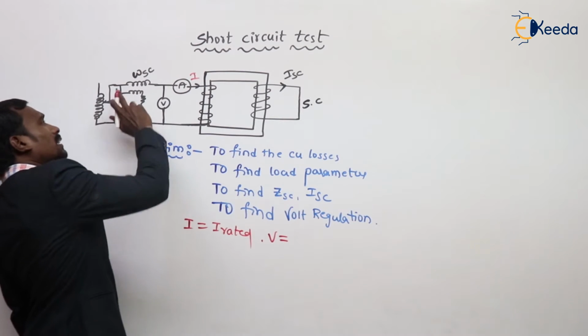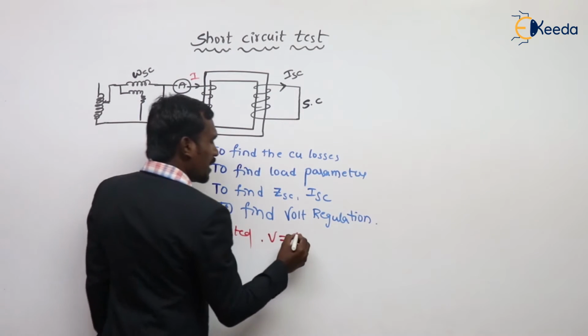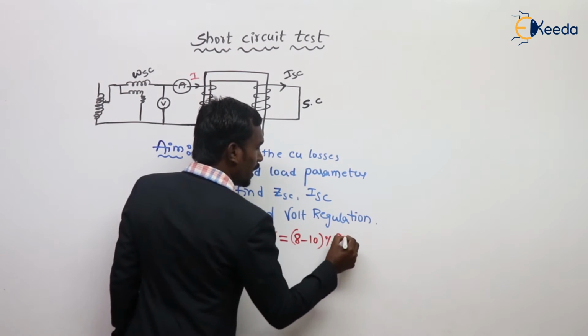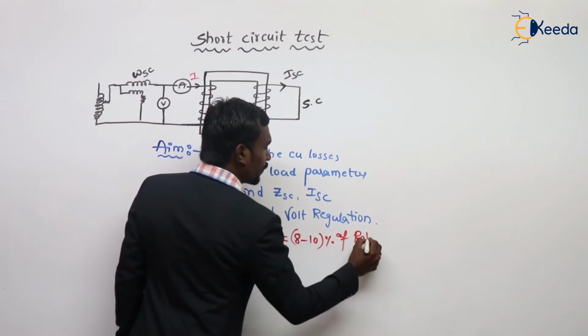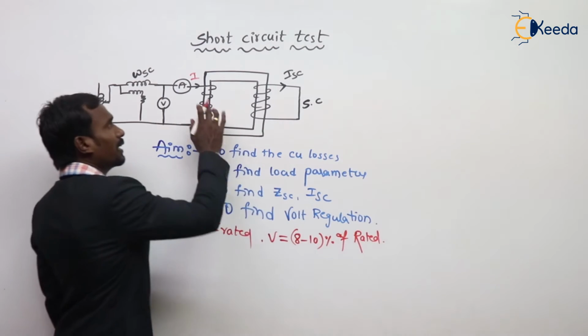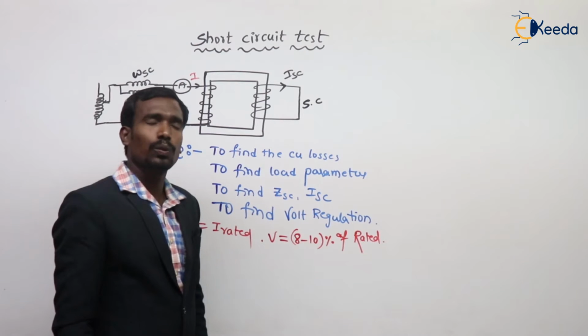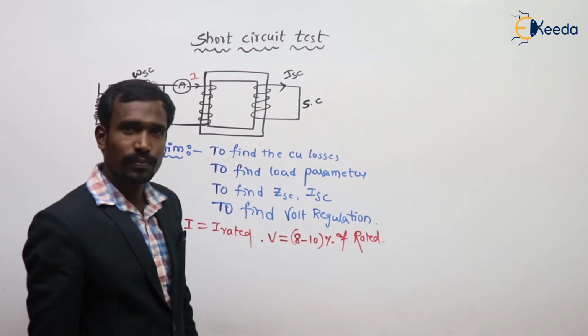Generally, at 8 to 10% of rated voltage, we can get the rated current here. So the voltage applied is 8 to 10% of rated voltage.